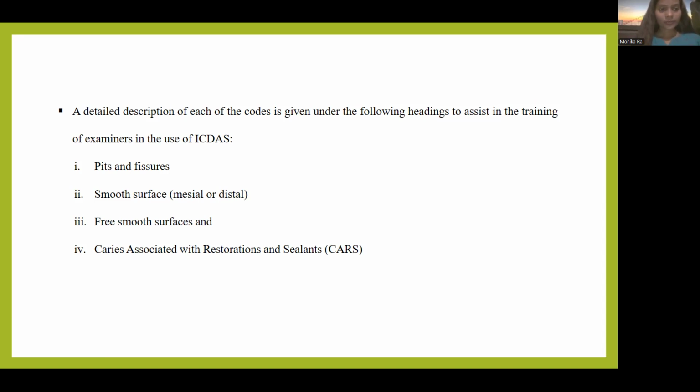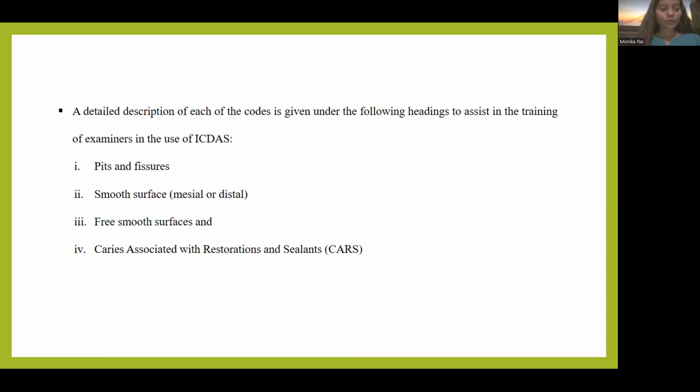There are detailed descriptions of each of the codes given under the following headings to assist in the training of examiners in the use of ICDAS. First is pit and fissure, second is smooth surface, mesial and distal surface, third is free smooth surface, and fourth is caries associated with restorations and sealants.